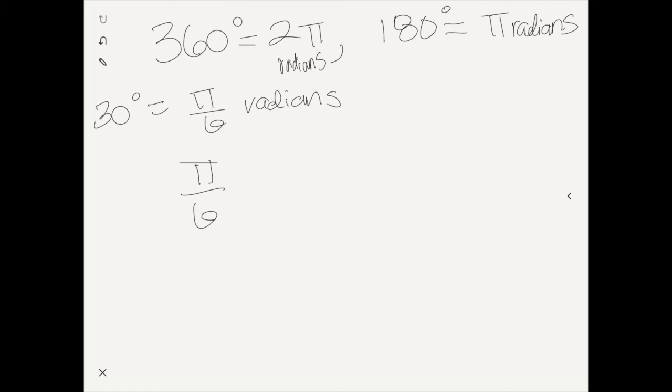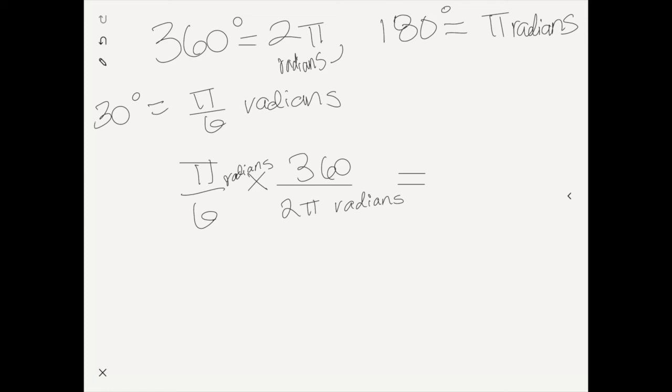So you're going to do pi over 6 radians times, and we're going to move backwards. This time we need to have degrees at the top and radians on the bottom, because we need to cancel the radians. So we're going to have 360 at the top and 2 pi on the bottom this time.